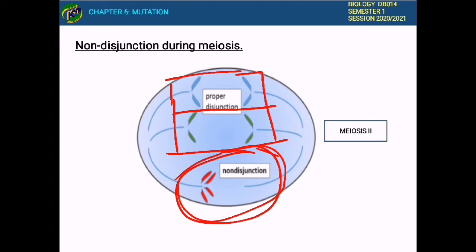But here, these two sister chromatids are unequally divided, so it is called non-disjunction during meiosis, either meiosis 1 or meiosis 2. But in this case, non-disjunction occurs during meiosis 2.